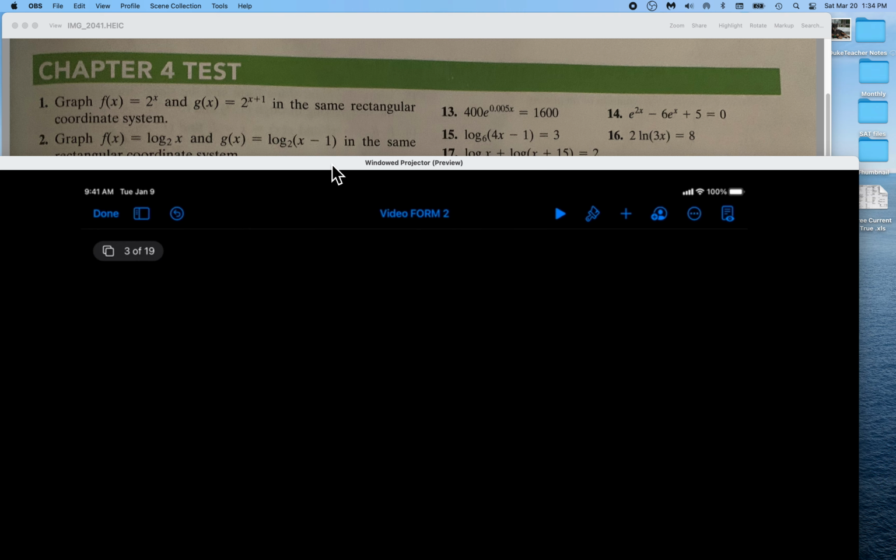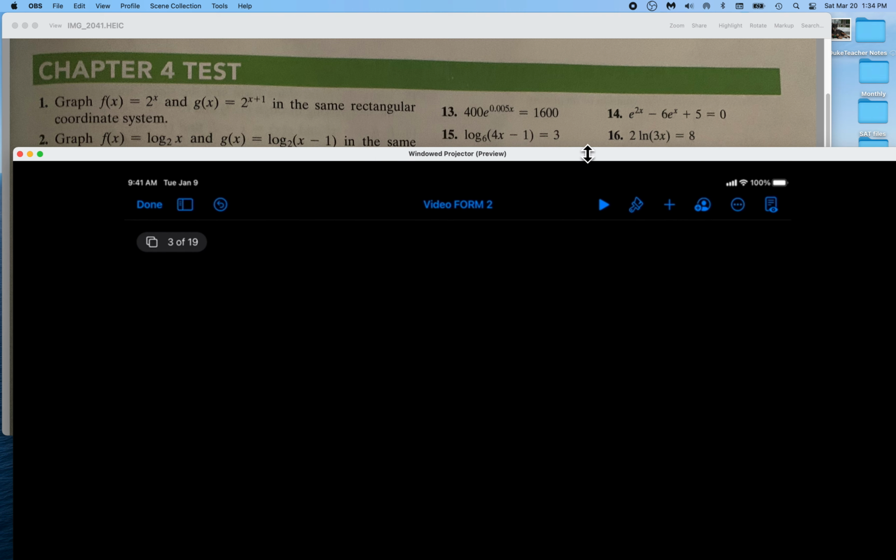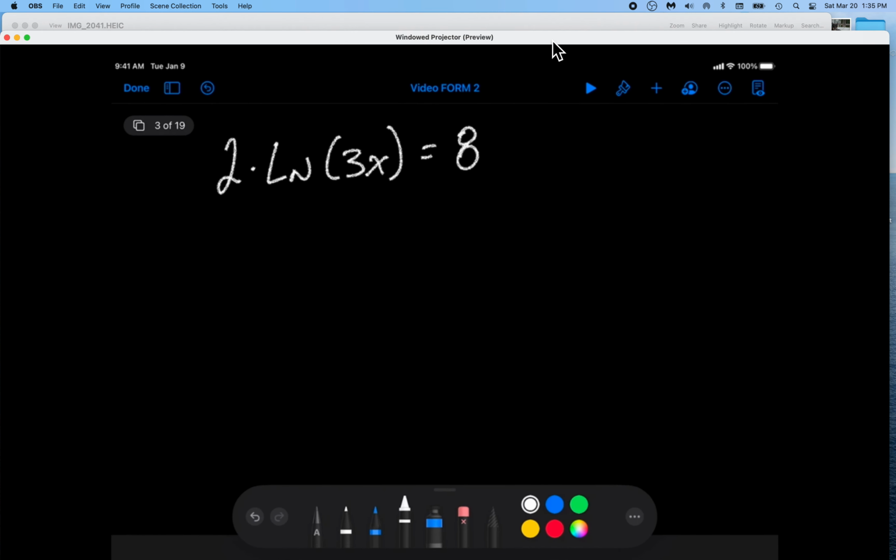Let's go to 16. Okay, we have 2 times the natural log of 3x equals 8. There are 2 ways to do this problem. The first way is to take this 2 and put it up here and rewrite this as the natural log of 3x squared equals 8.